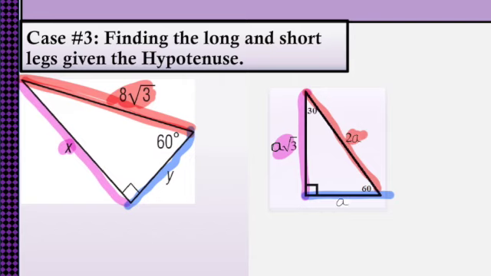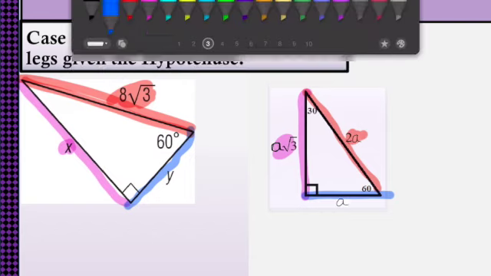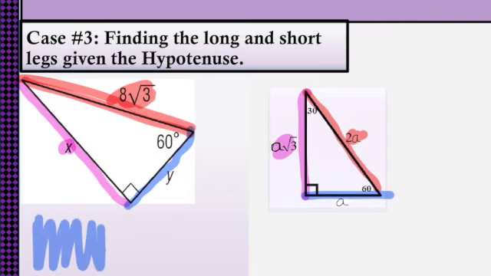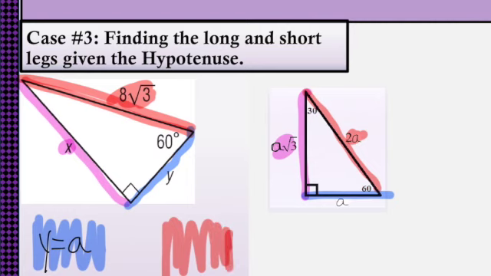So let's go ahead and create our equations here. For the first one, we've got y equals a. Then for the second one, we've got 8 radical 3 is going to be equal to 2a.